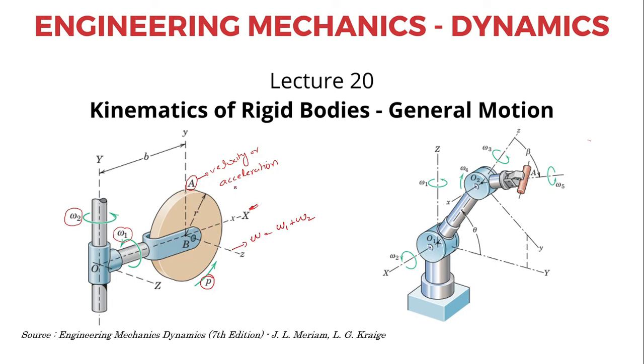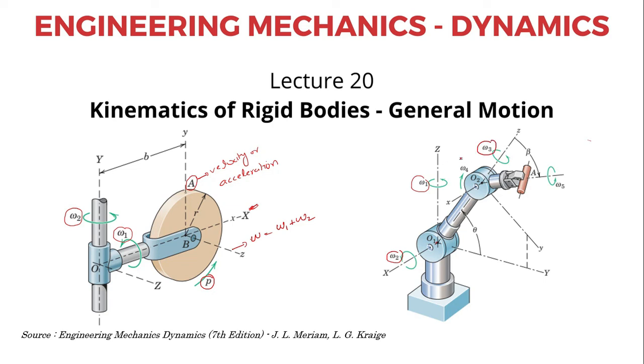Okay, on the right hand side it is actually a robotic arm here. Now I fix the corresponding primary reference frame capital X, capital Y, capital Z with respect to point O. And then the secondary reference frame small x, small y, small z with respect to point O2. Now you see you have the robotic arm undergoing angular velocity with respect to the vertical axis omega 1, then you have here the angular velocity omega 2, and as such you have also the angular velocity omega 3.